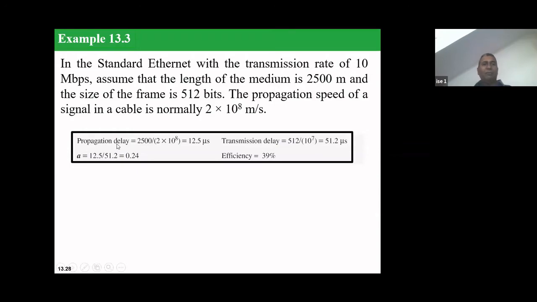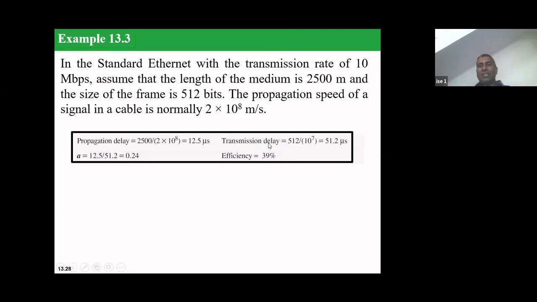So the propagation delay is nothing but the length of the medium, 2500, divided by the speed, 2 into 10 to the power 8 meters per second, and the meters cancel. If you solve this, you will get 12.5 microseconds as the propagation delay.